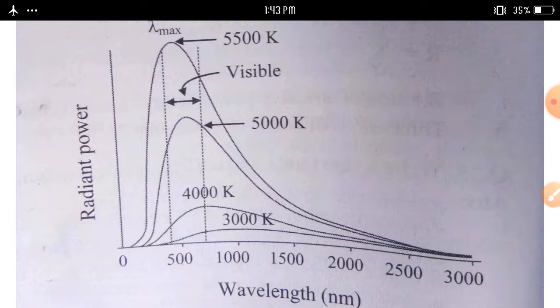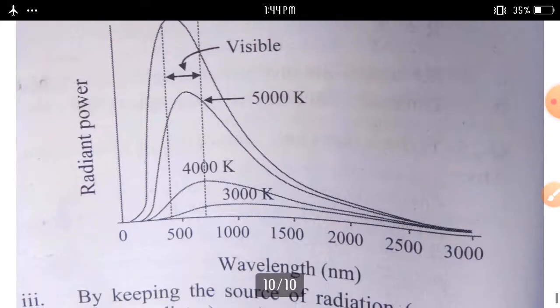By keeping the source of radiation, such as a cavity radiator, at different temperatures, they measure the radiated power corresponding to the different wavelengths. The measurements were represented graphically in the form of curves showing the variation of the radiated power per unit area as a function of wavelength lambda at different constant temperatures, as shown in this figure here.